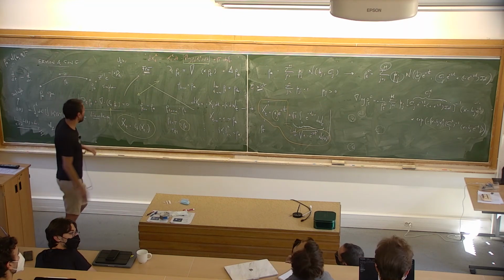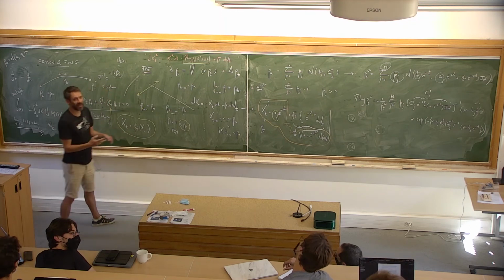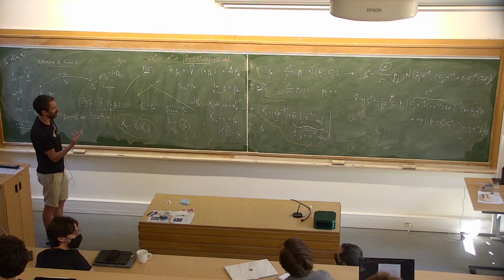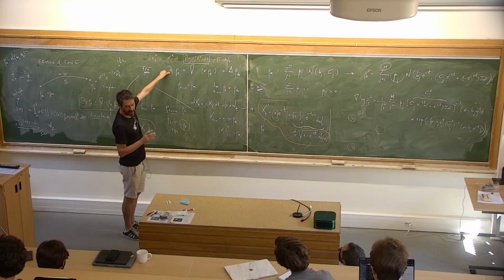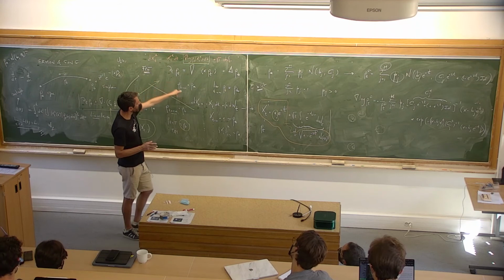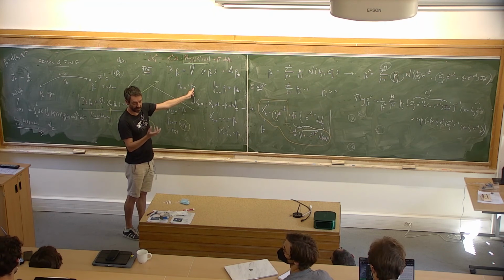Something bad will happen at the end, because think about the following. This equation has no problem if I start it by replacing this with its empirical version, meaning the sum of Diracs.